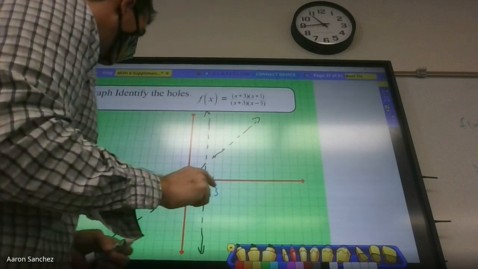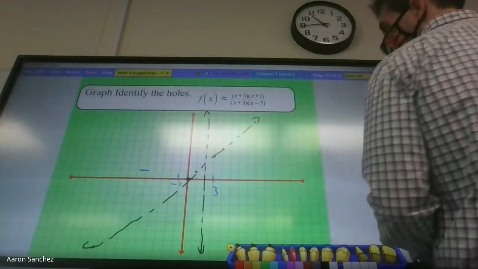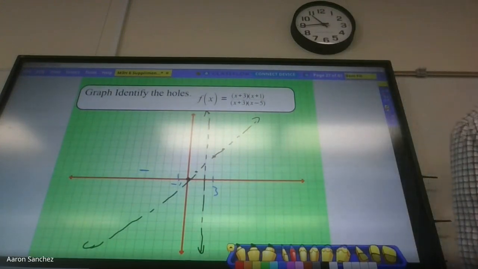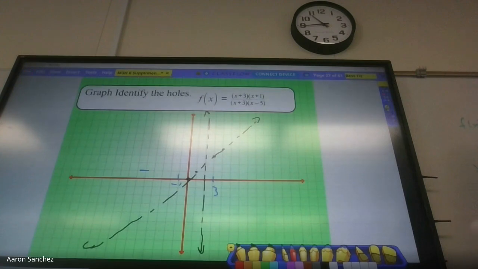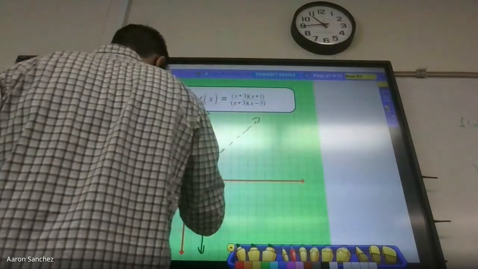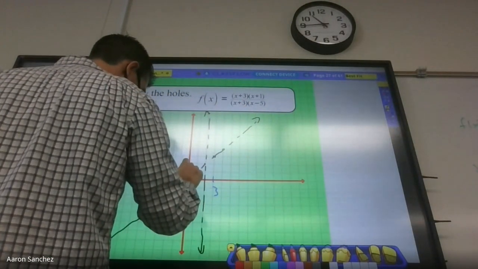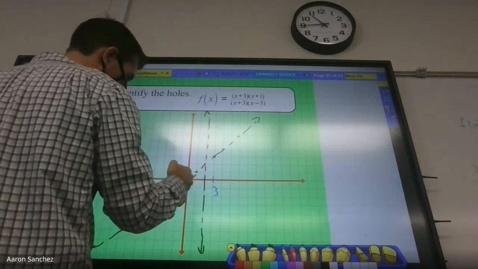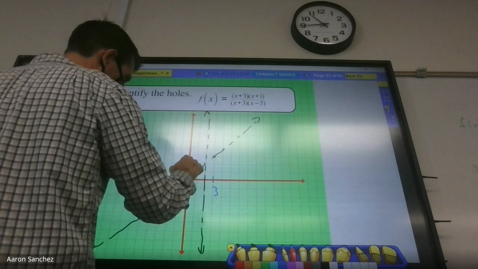And then -1 and 0. We'll do -0.5. This will be positive, negative, negative. So then this will be positive here. Actually, all this will be positive, right?